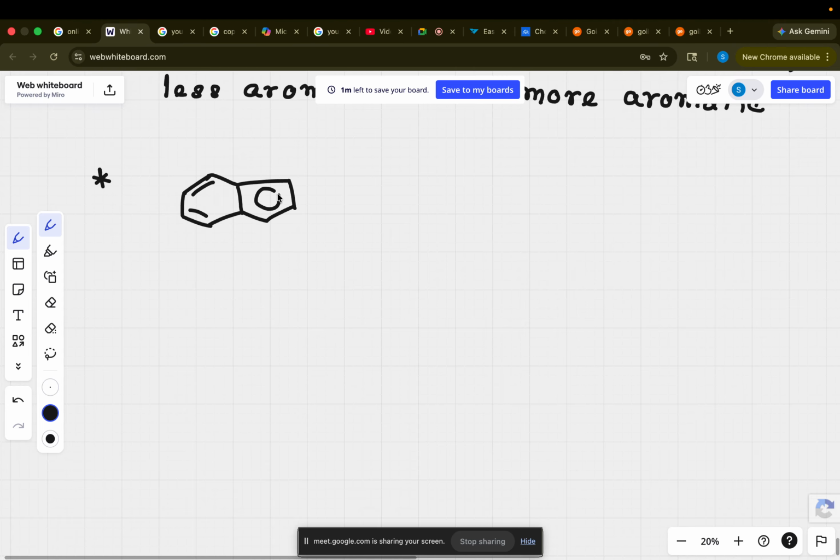Here you have rhodium and 2 carbonyls. So basically you can see this is your eta 5. So how many electron system is it? First of all, calculate that. How many electron system is it? 18 electron.